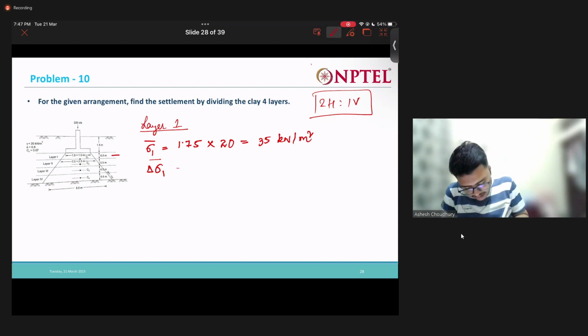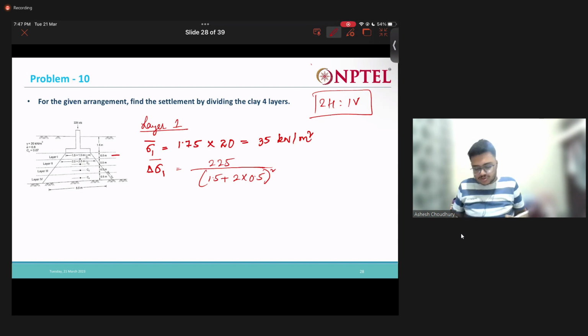Right? How can you determine this? You can determine this 225 divided by 1.5 plus 2 into 0.5 squared, right?